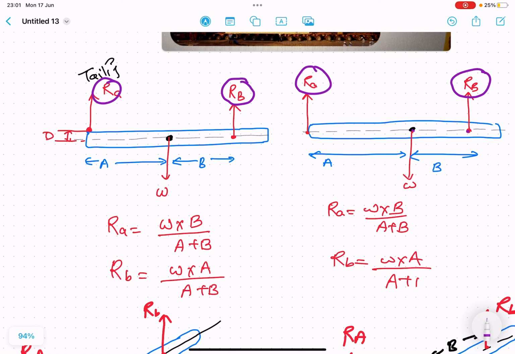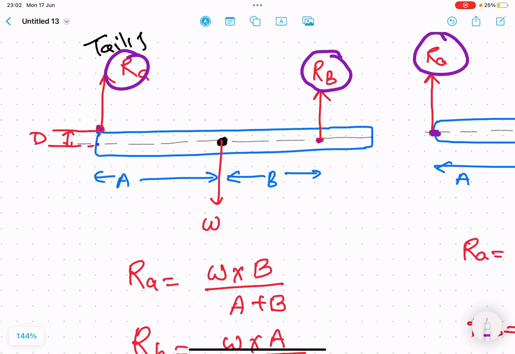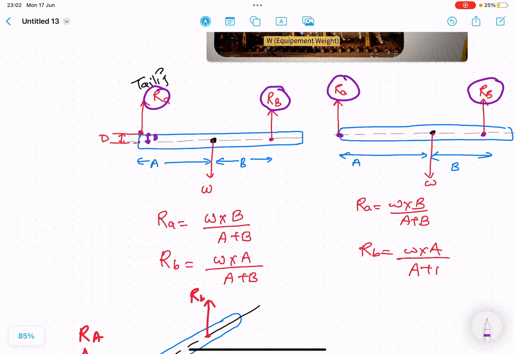But the difference is that the RB lifting point is at the center line. Here it is also at the center line. But in this case, the RA lifting point is at the center line, while in the other case it has a distance D from the center line. It is not at the center, it is at a distance D from the center line.